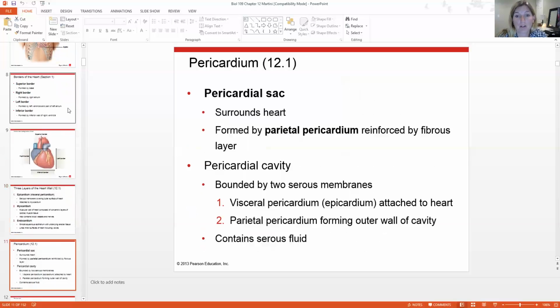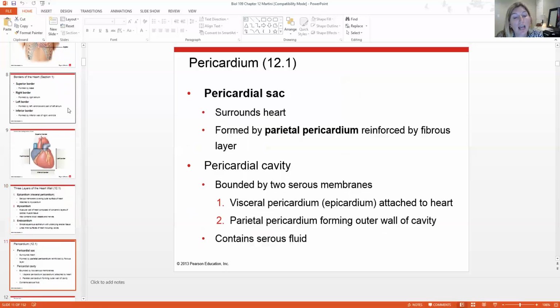Let's talk about that pericardium. I already mentioned the visceral pericardium, but there's also a parietal pericardium that's reinforced by a very fibrous layer. If I were to cut your chest open now, I would basically see your heart in a big, fatty, fibrous case. The fat surrounds your heart for insulation and protection, and then the fibrous case would be that parietal pericardium.